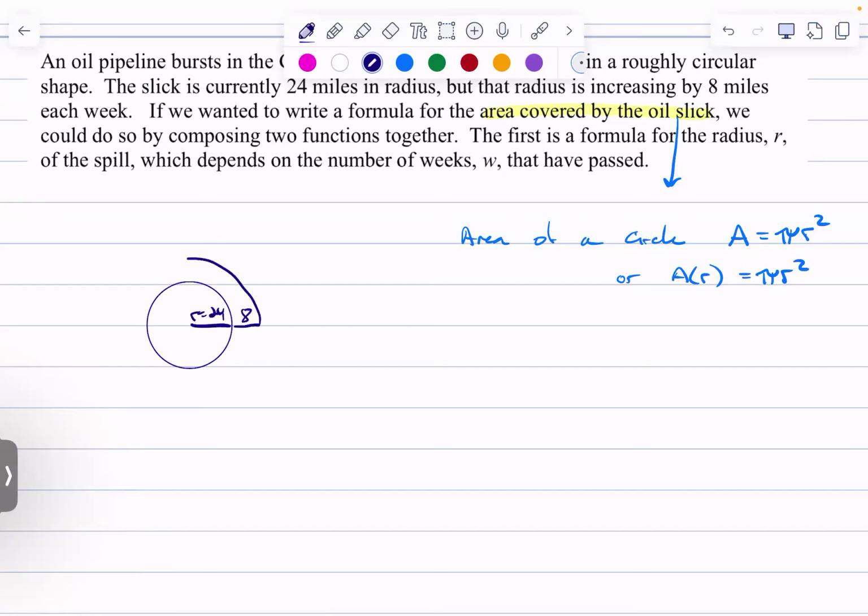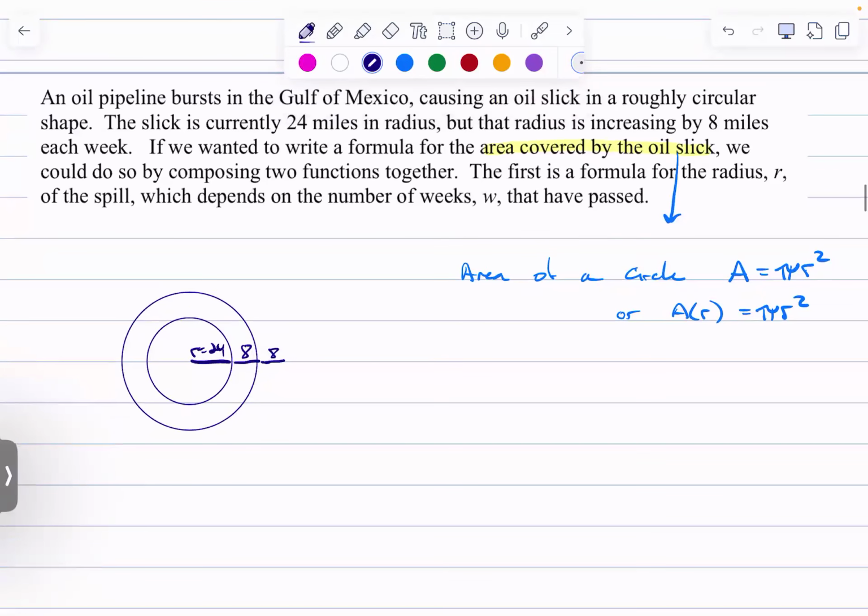Let's see if I can pull this off. With technology on my side, I just might. Okay, well, that's roughly circular. Here another 8 miles, another week goes by, and it keeps going and going.